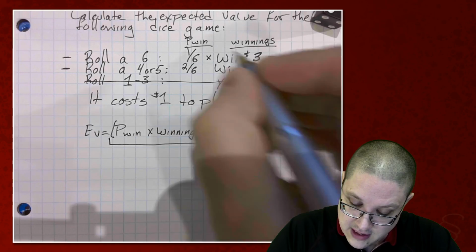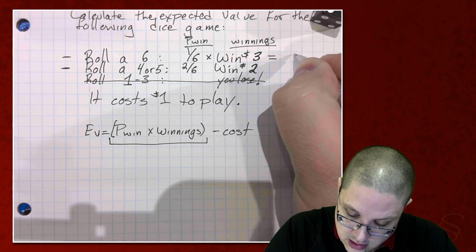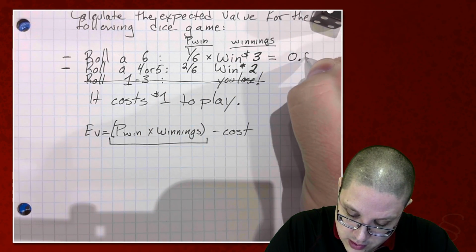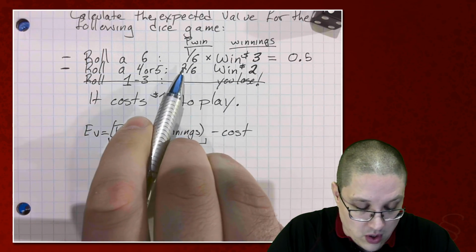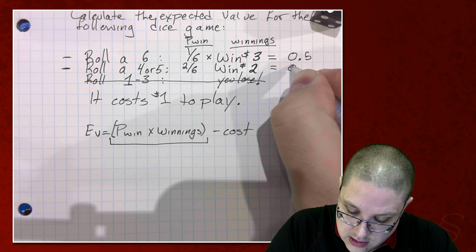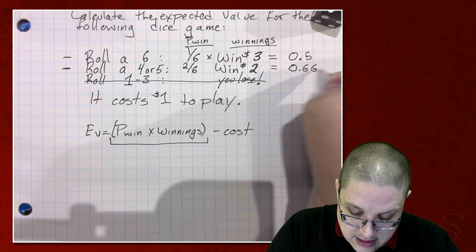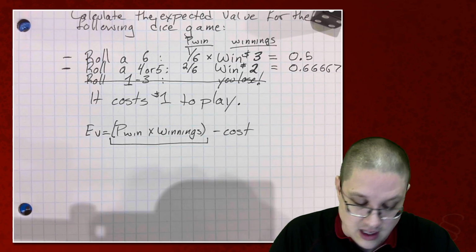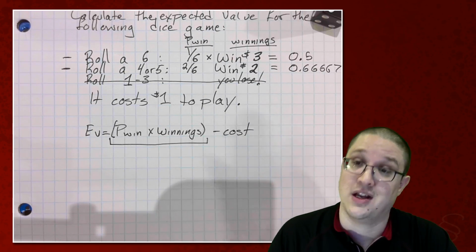And what I can do is start by multiplying these together. So 1/6 times 3 works out to 0.5. 2/6 times 2 works out to 0.66667. I'm writing more decimal places here because I don't want to round too early.